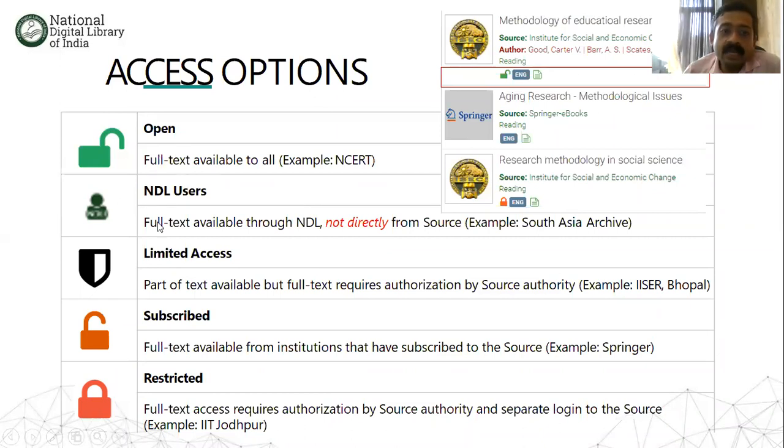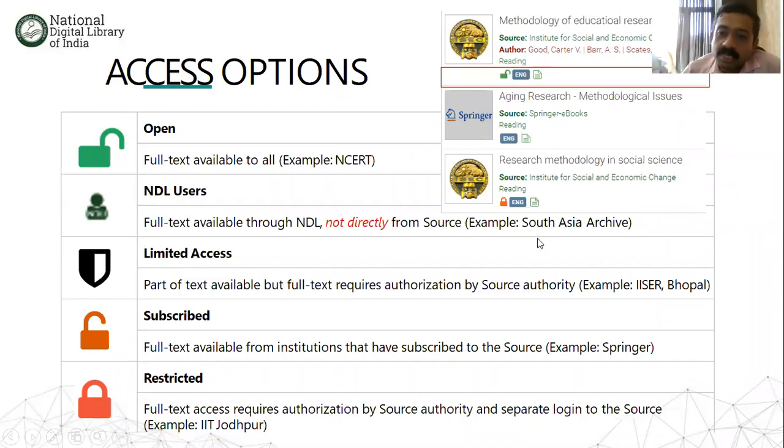Then NDLI users. And one more thing you have to remember, when you search for books or anything, you have to log in to NDLI. Why? Because, for example, South Asia Archive is a database of historical books. If you are interested in old history books and you go directly to the South Asia Archive site, you won't get that book. You need to have access.